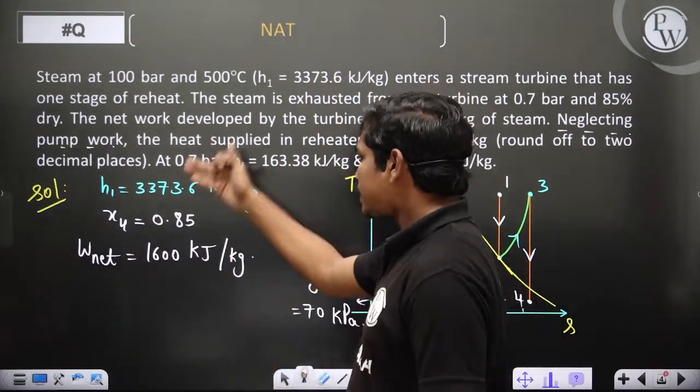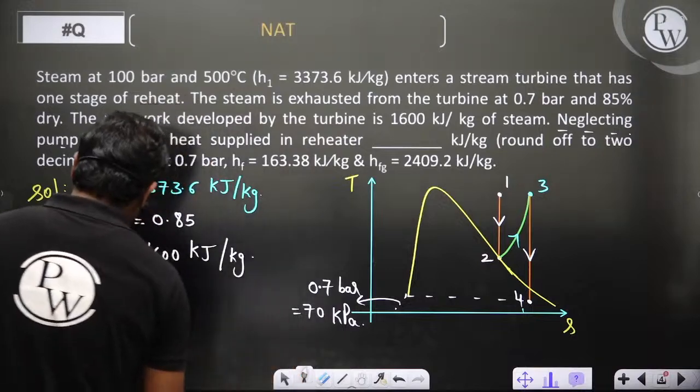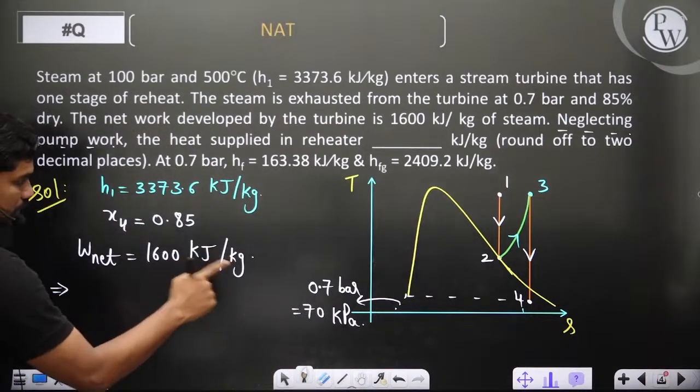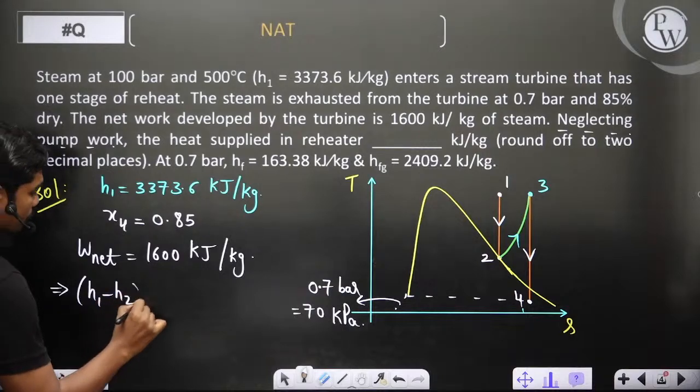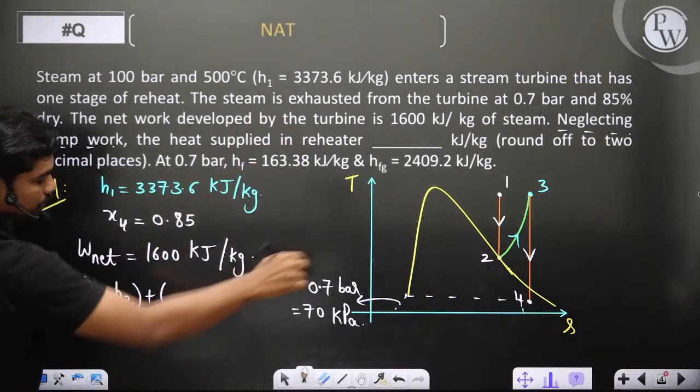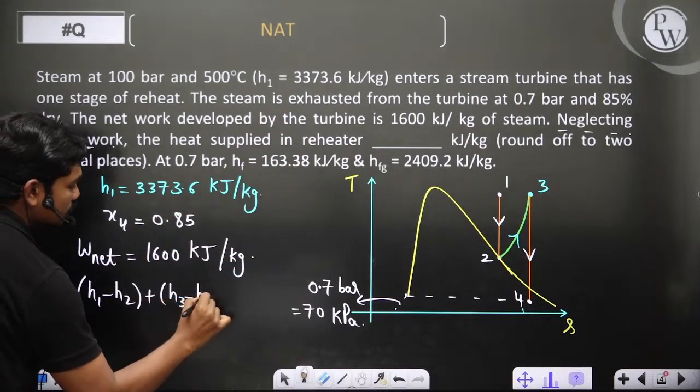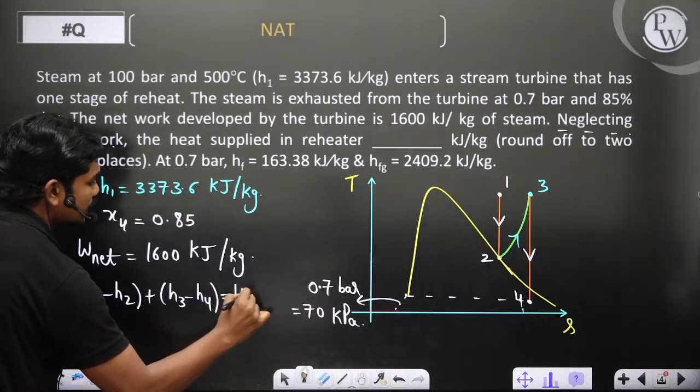So W net, per kg, is H1 minus H2 produced in the high pressure stage plus H3 minus H4 produced in the low pressure stage, and this is equal to 1600.